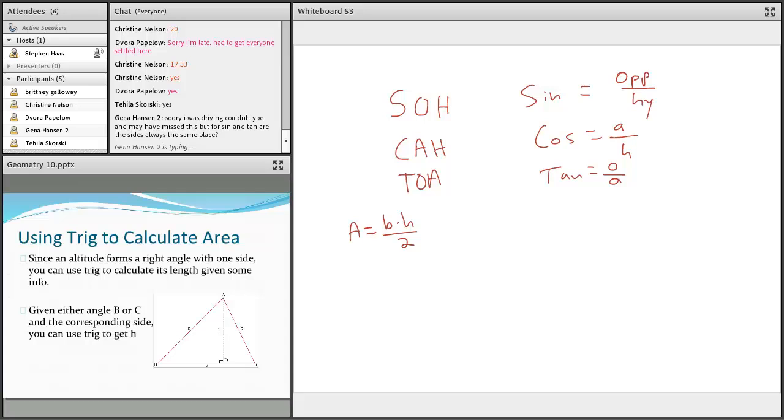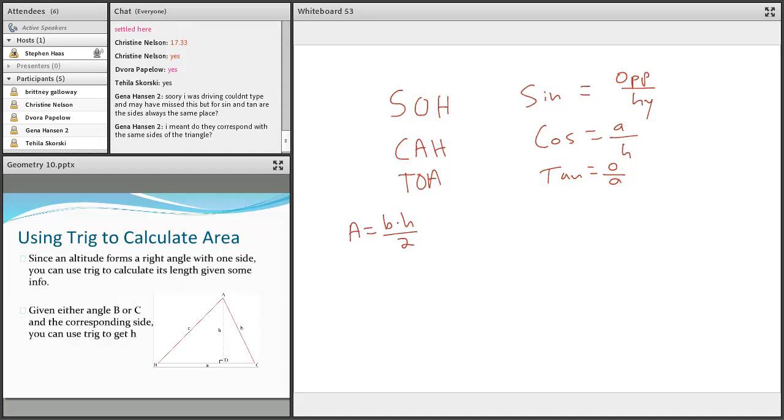Okay, so if you take a look over here, this would be an example. Let's say we managed to figure out B and A, or A and B. That doesn't necessarily tell us what the height of the triangle is. To do that, we may need to use trigonometry.